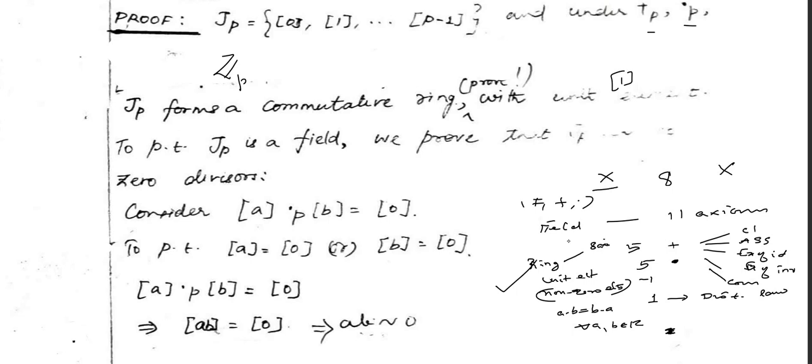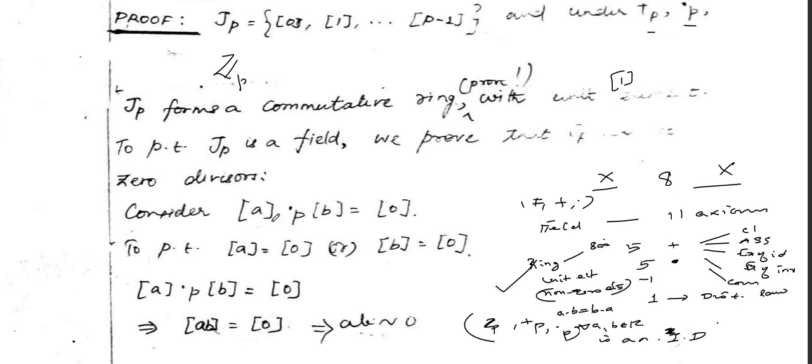So neither of these techniques is used, but the previous lemma is used, for which first we have to establish that this Z_p or J_p under addition modulo p and multiplication modulo p is an integral domain. So it has no zero divisors. So that is what is established here.